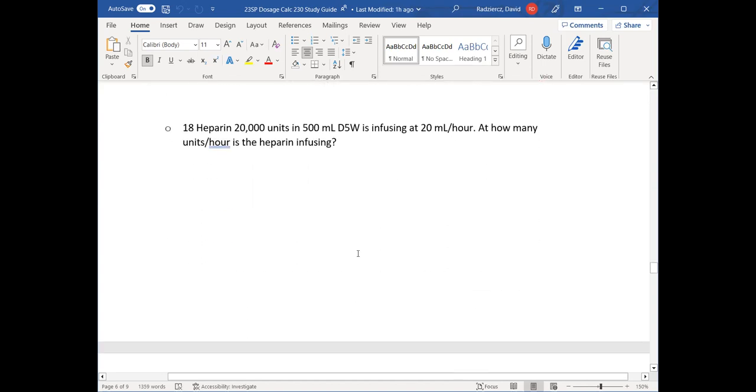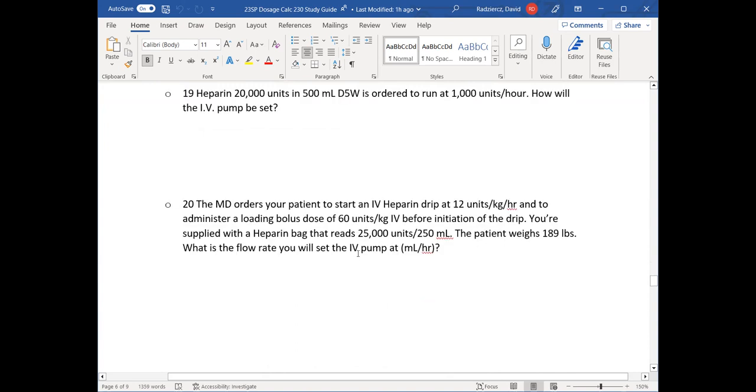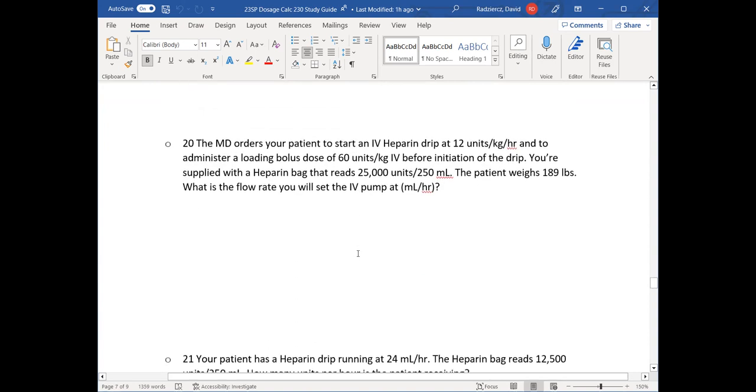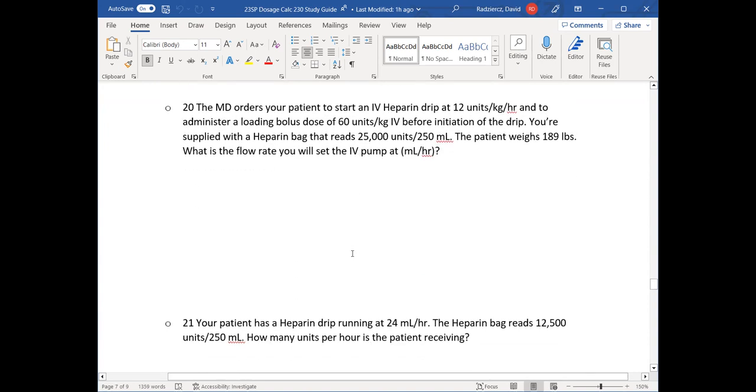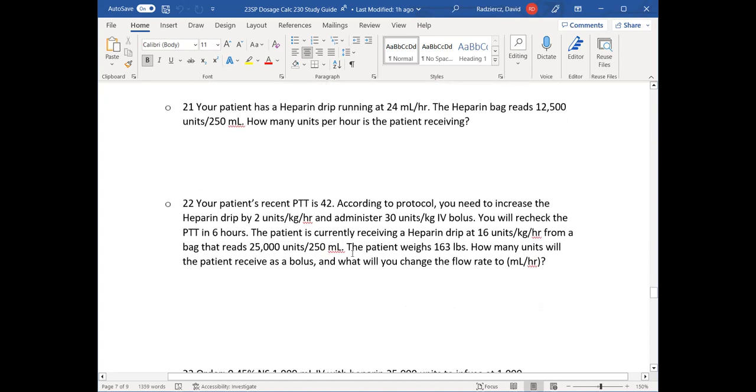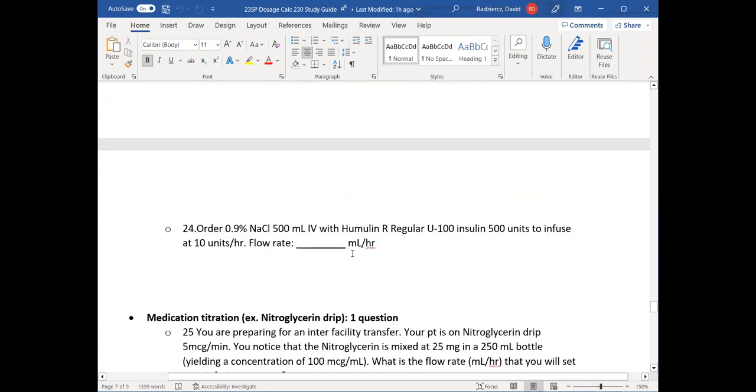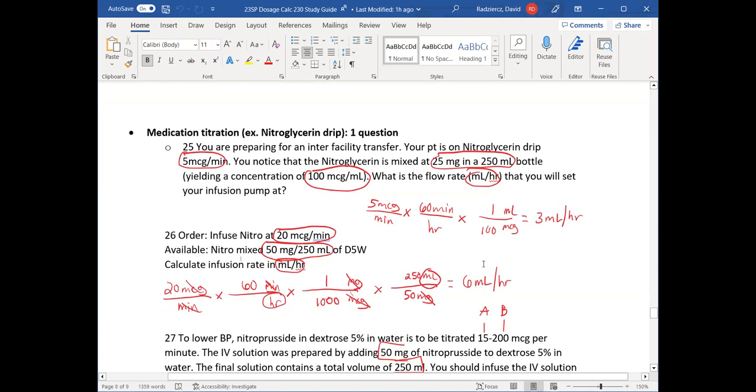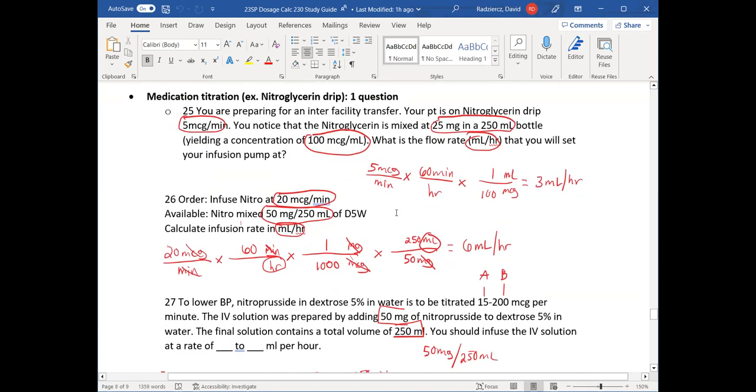I do believe that at Boyce, you're going to have some weight-based calculations that might be worth looking at. So let me see what we got here. What I mean by that is these types of questions here. I can't remember if that's in your blueprint. I know it's in the 240 blueprint.